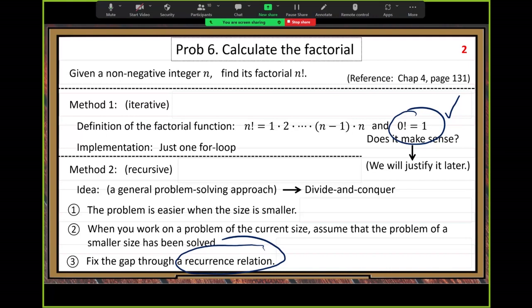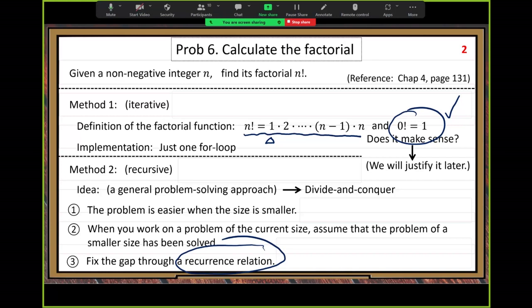When you look at the factorial definition here, it is a sequence of multiplication, right? Think about when we do programming and need to calculate a number that is a sequence of multiplication, how do we do it? Usually we create a variable.